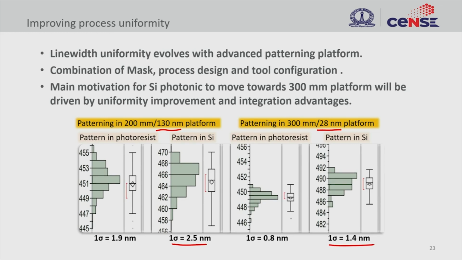So this reduction comes from superiority in the patterning technology itself. So when you are going from one process technology to another, you improve the non-uniformity as well. So it is important to modularize all the processes that you do so that we can get maximum out of each module.